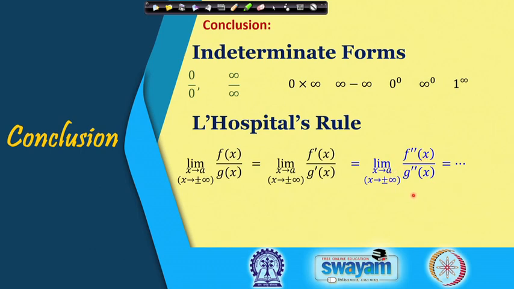But the important point was that this rule is valid when those limits exist. If the limit of the derivatives does not exist, then we cannot conclude that the original limit does not exist. So, this is a very useful rule. In the next lecture, we will learn how to deal with the other forms, for example, 0 times infinity, infinity minus infinity, and so on.